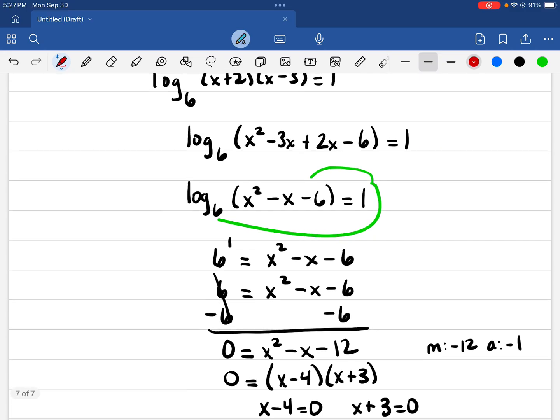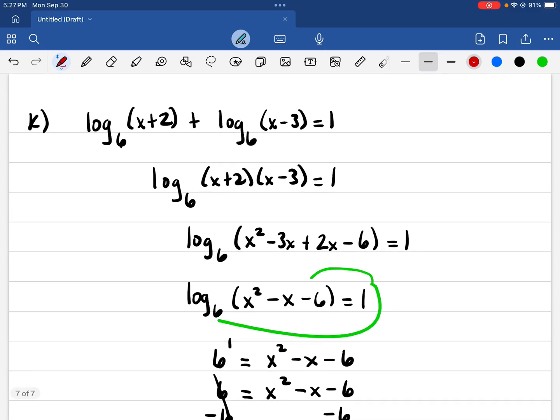All right, so if I go back up here to the top to where we started, if I plug in a negative 3 here or here, that's going to give me log base 6. In the first one, that's going to be a negative 1 there. And then the second one would be log base 6 of negative 6. You cannot take the log of a negative number.